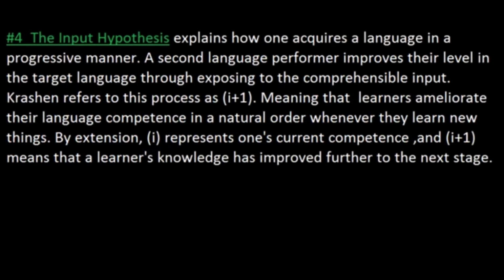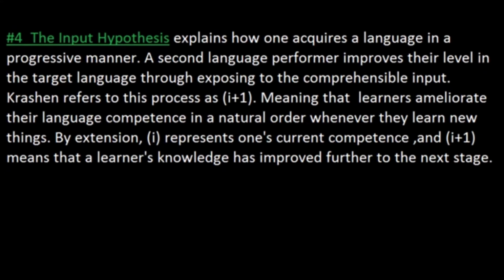The input hypothesis explains how one acquires a language in a progressive manner. A second language performer improves their level in the target language through exposure to comprehensible input. Krashen refers to this process as i+1, meaning that learners ameliorate their language competence in a natural order whenever they learn new things.